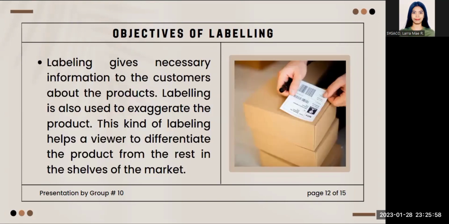Next slide po. So the next topic will be the objectives of labeling. Labeling gives necessary information to the customers about the products. Labeling is also used to exaggerate the product.